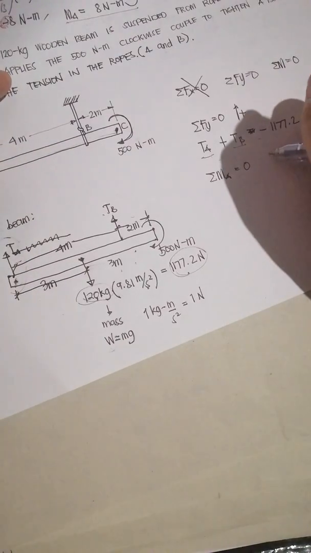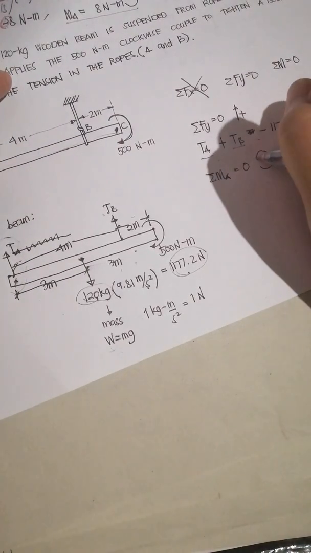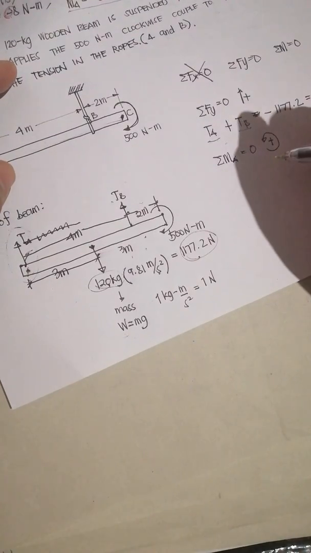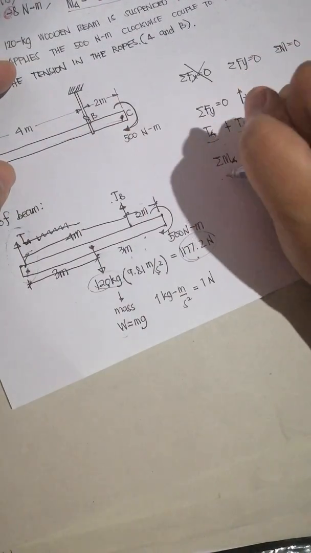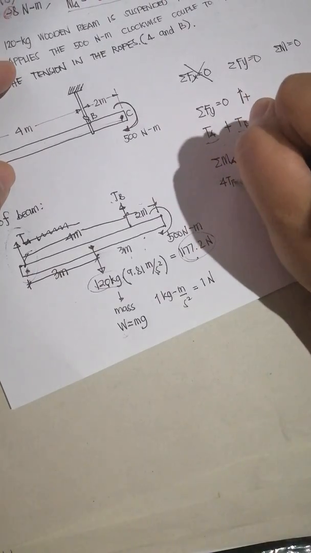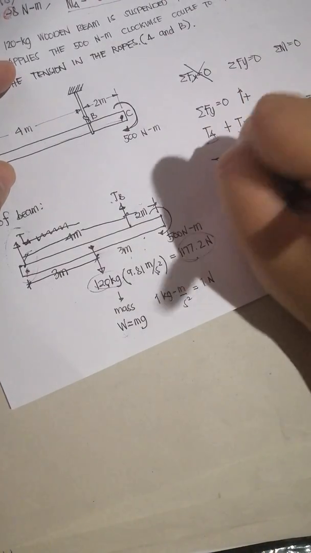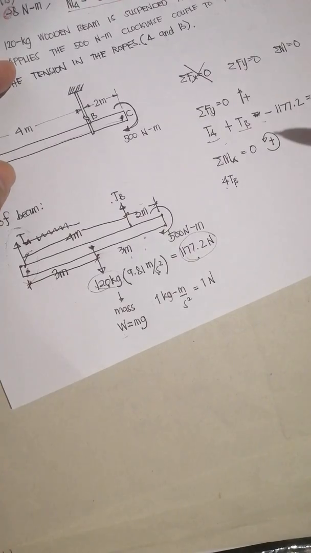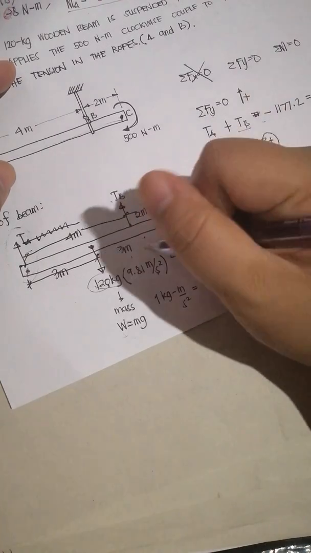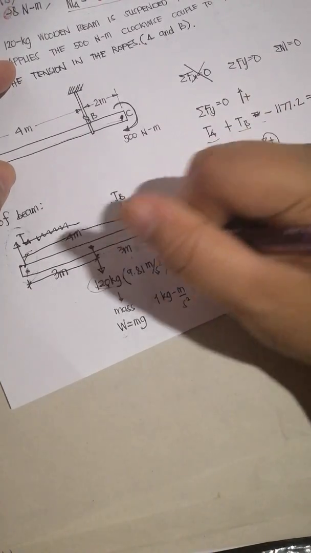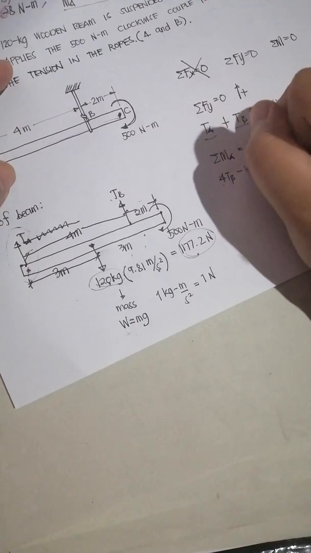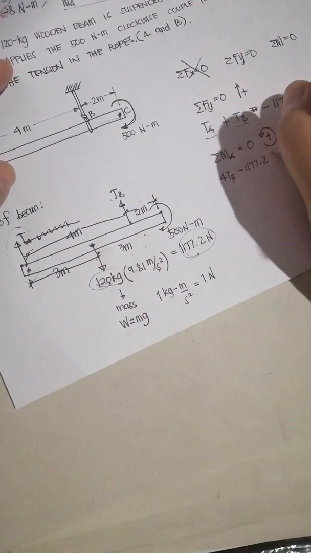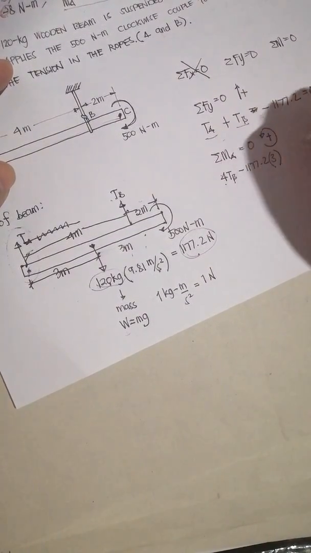We'll use the sign convention positive for counterclockwise moments. For TB, counterclockwise about A, we have 4 TB, 4 being the distance, force times distance. For the 1177.2 weight, the rotation about A is clockwise, so negative 1177.2, with a perpendicular distance of 3 meters.